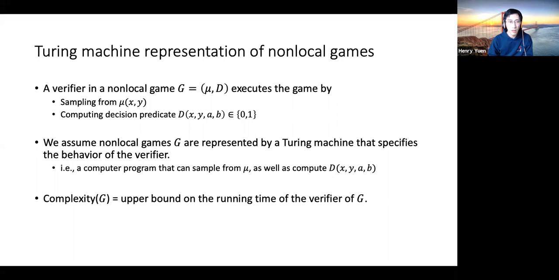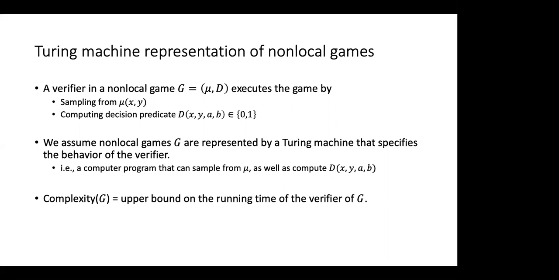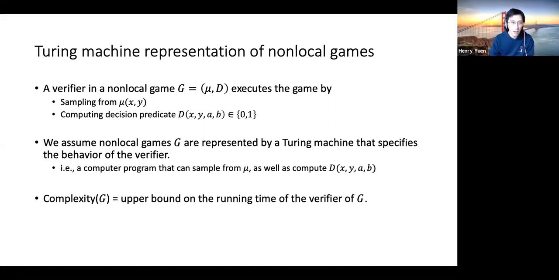So the complexity of this non-local game is, for example, how long it takes to compute this decision predicate. Also, when sampling from this question distribution mu, there's some number of steps that the computer program will take to do that, and you also count it towards this complexity. Hope that made sense.